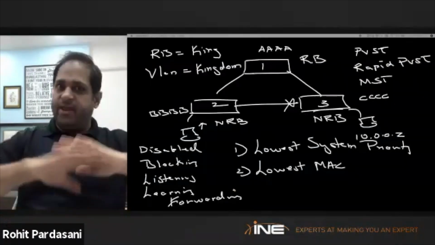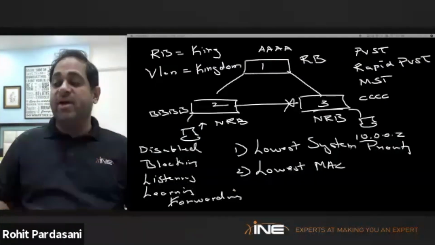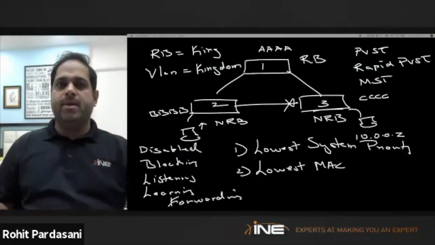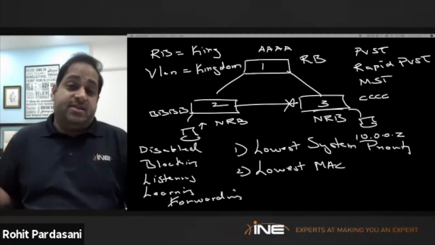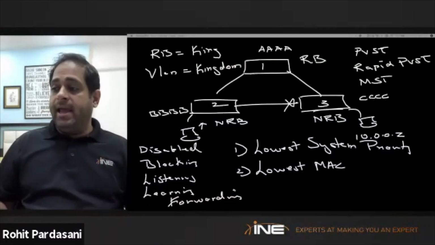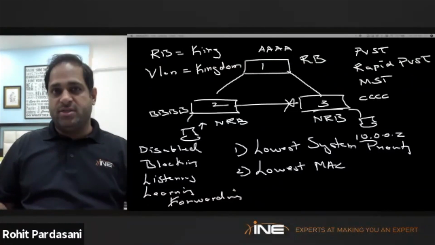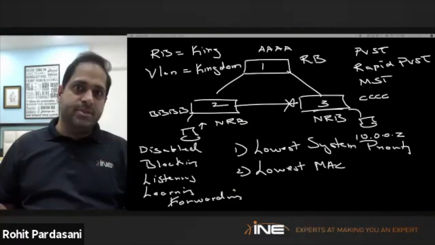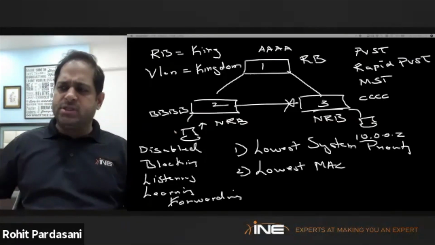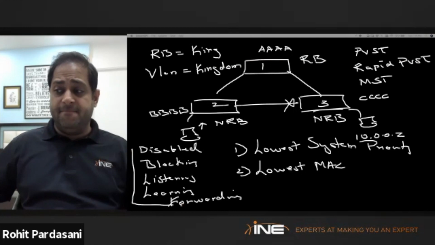Forwarding is where everything is converged, life is good. In forwarding, you're still receiving BPDUs, sending BPDUs, still learning MAC addresses if there's something new to be learned, and you're processing or forwarding data frames. So these are the port states of PVST.